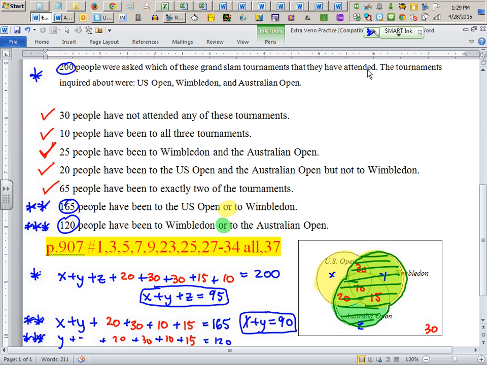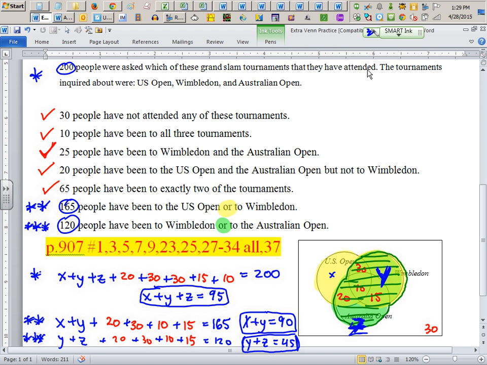Can't even read my own handwriting. That's a z down there at the bottom, and that's a y over there. Okay, so this tells us that y plus z is, okay, and then you add up the left sides, 50, 60, 75, subtracting 45.